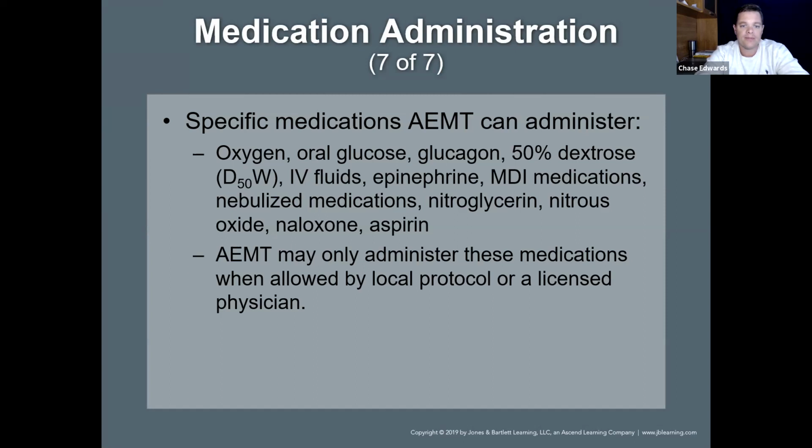Epinephrine. Albuterol. Nitroglycerin in the spray, tablets, paste.